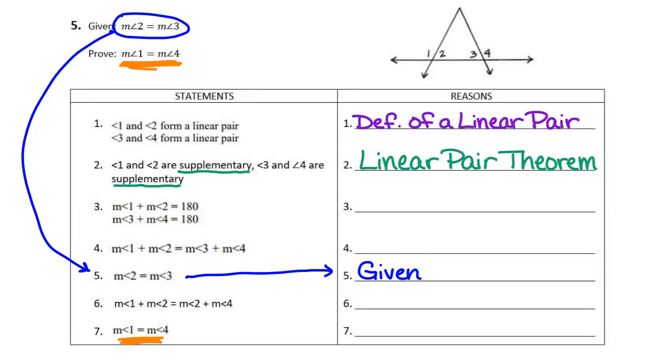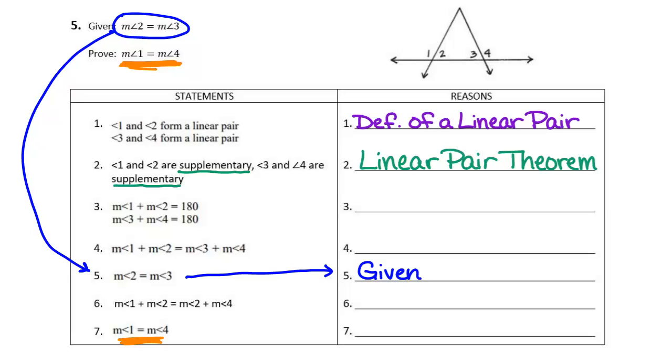So definition of a linear pair, I looked at the picture and I saw a linear pair. Linear pair theorem, I know already that I have a linear pair, and I want to say something more about them. I want to say that they're supplementary angles.